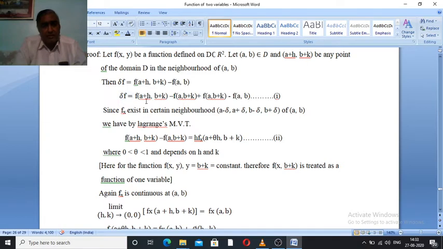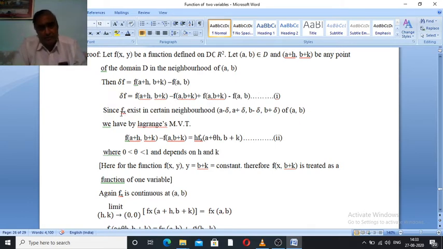Delta f is equal to f of a plus h, b plus k minus f of a, b plus k plus f of a, b plus k minus f of a, b. We add f of a, b plus k one time and subtract one time. Therefore, we get again f of a plus h, b plus k minus f of a, b. Suppose this is equation 1.